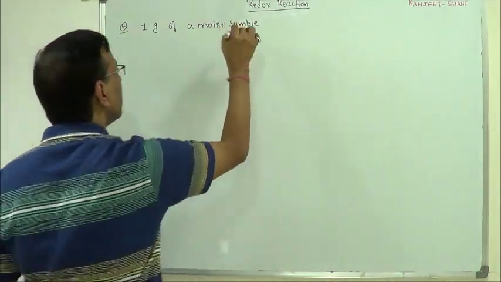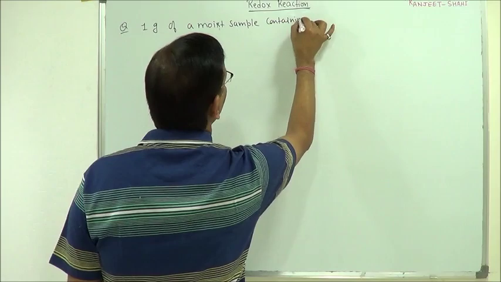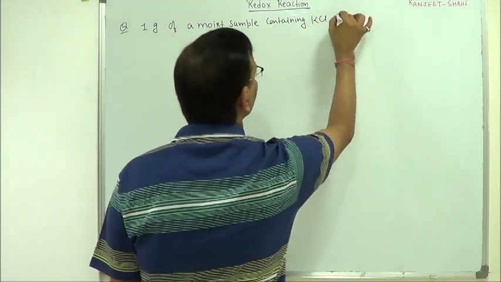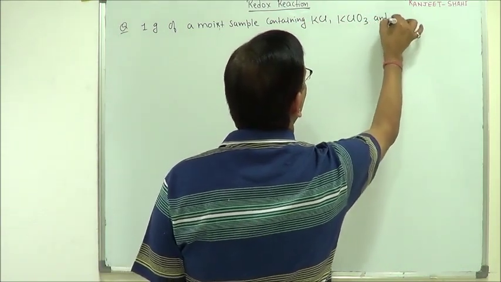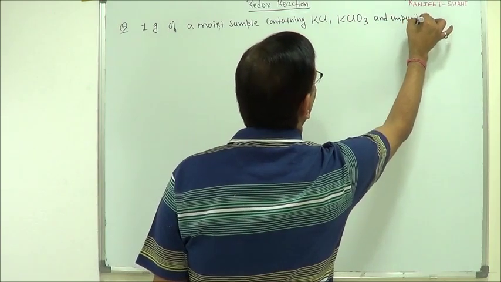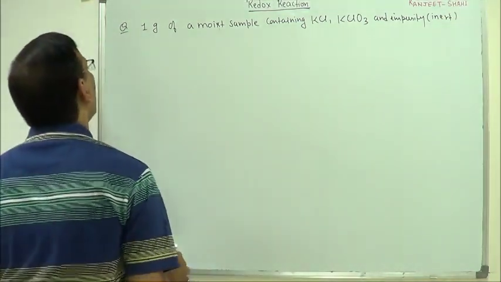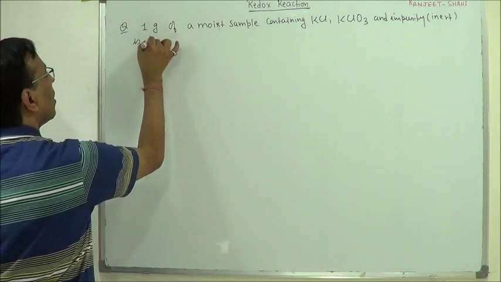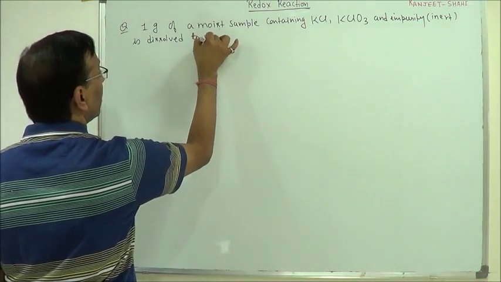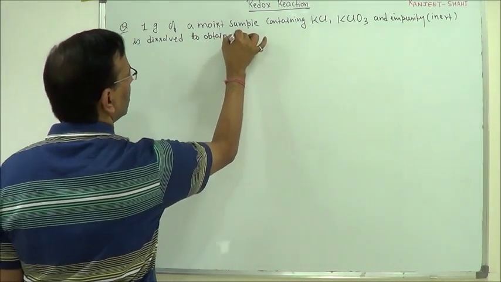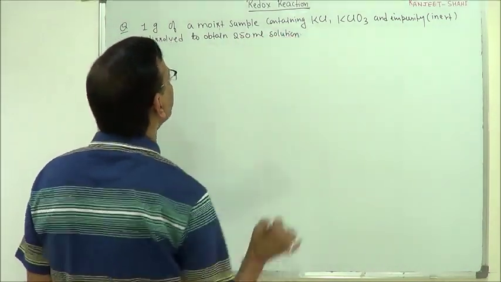We have a moist sample, means it contains moisture, containing KCl, KClO3 and impurity which is inert, is dissolved to obtain 250 ml solution.